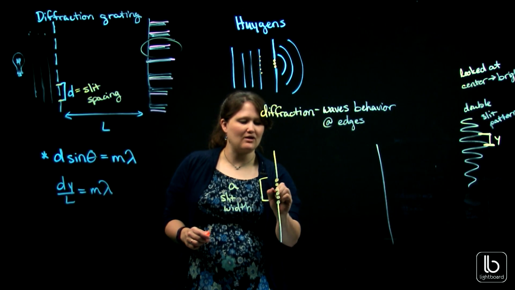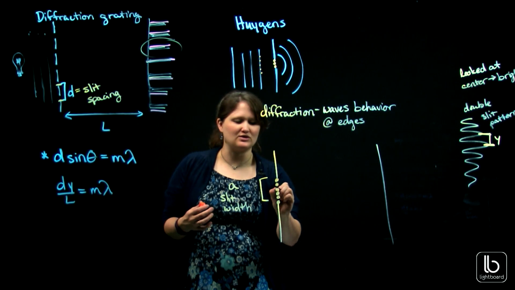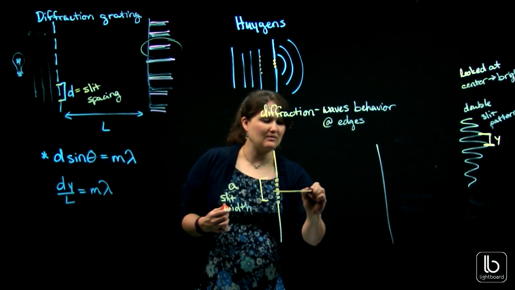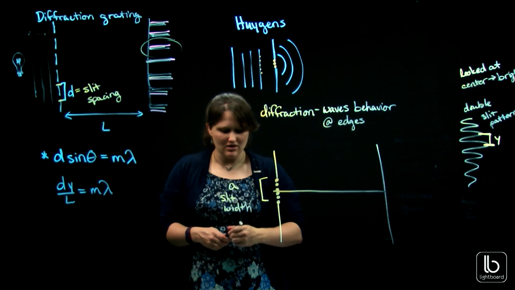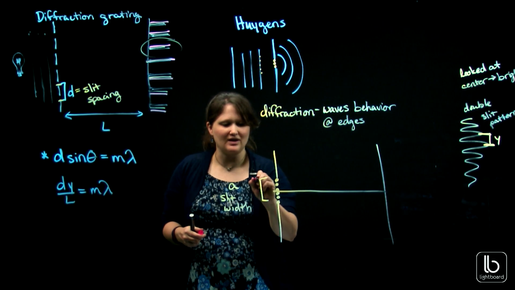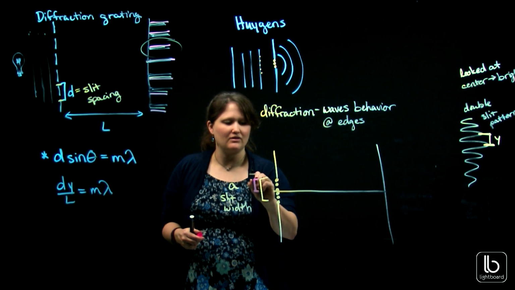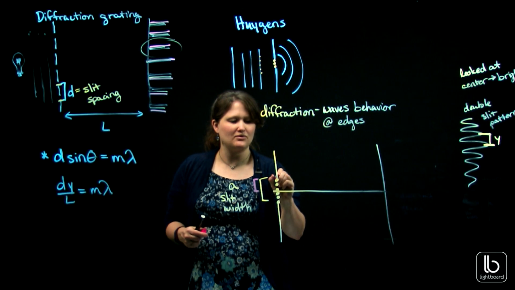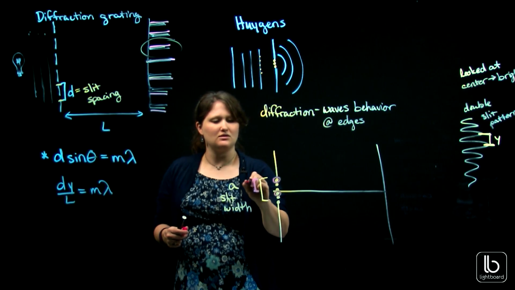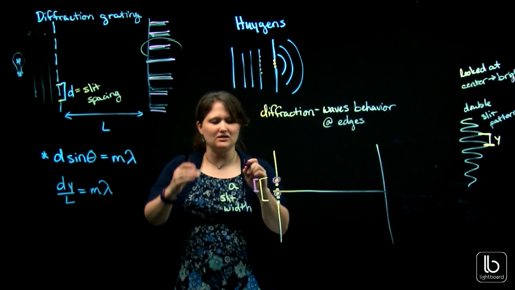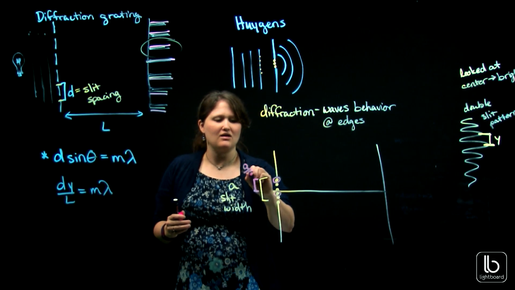What we're interested in, however, is pairs of point sources. So I'm going to draw a line down the middle of the slit, and I'm going to point out that from this point to this point, we're looking at a spacing of A over 2.